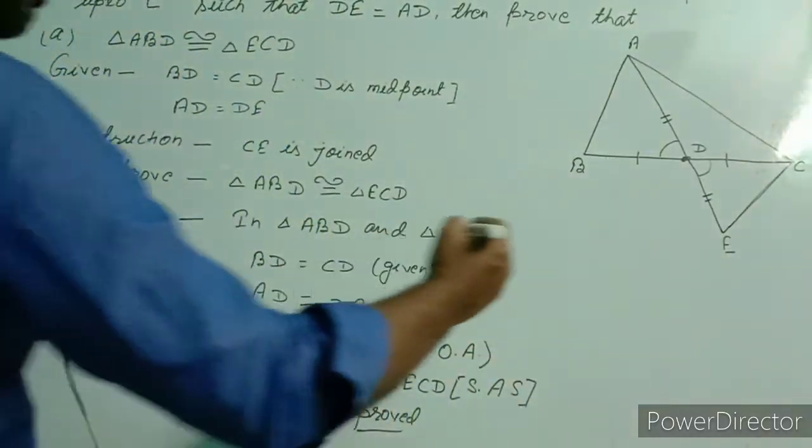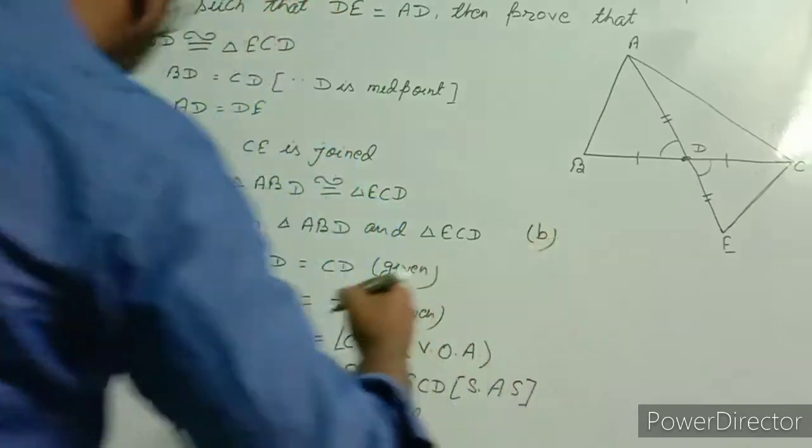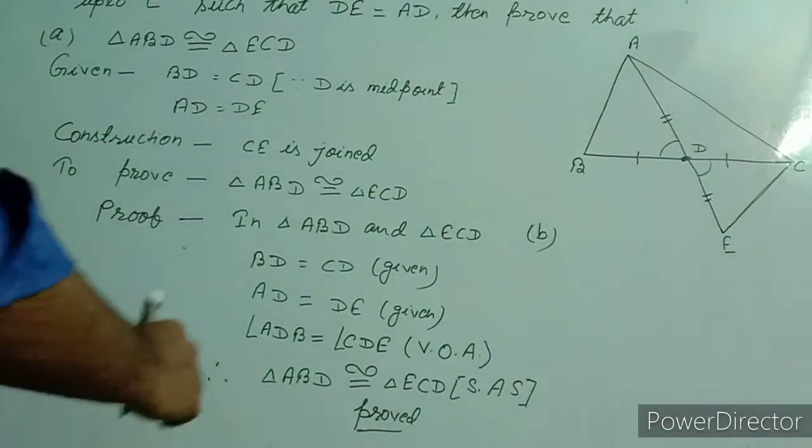Now, question number B, that is asked to prove AB equals EC.